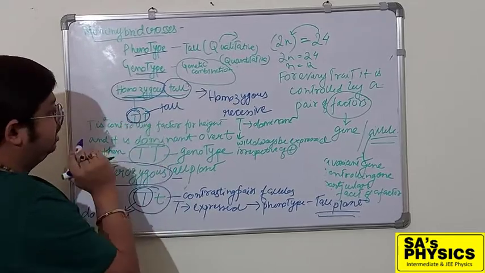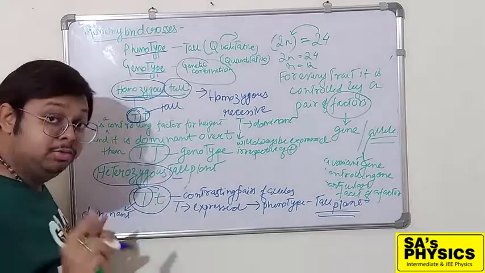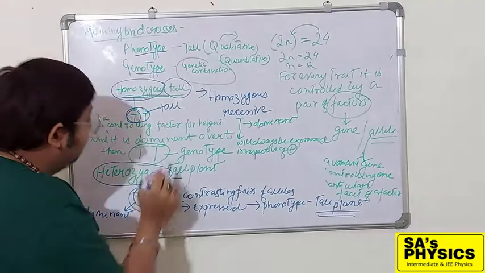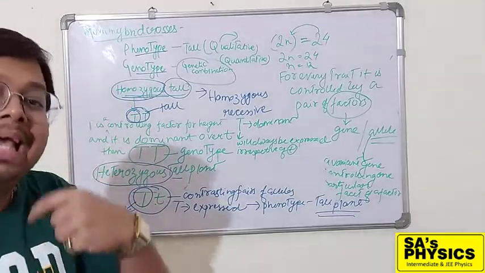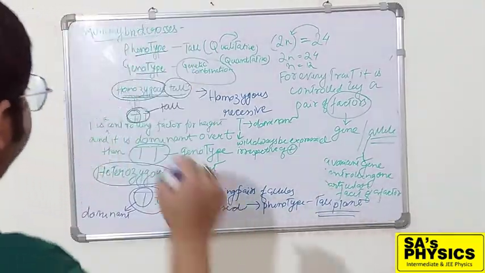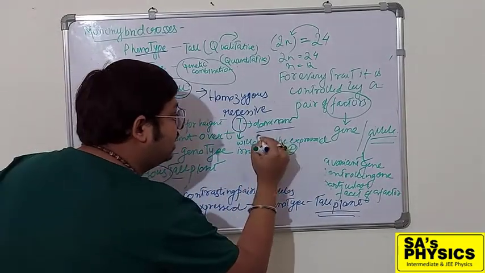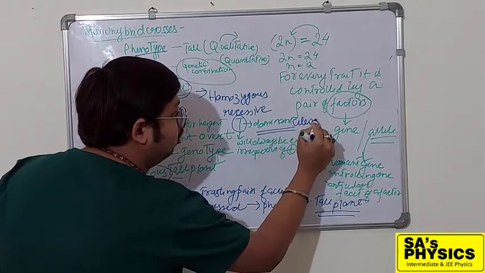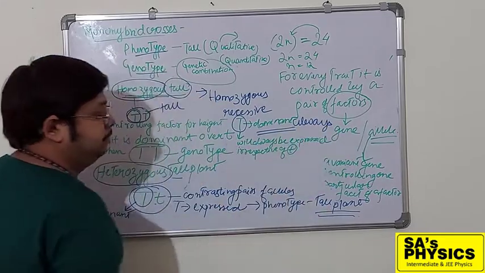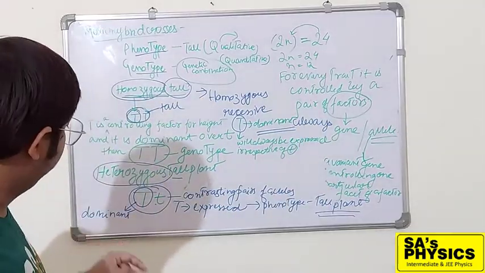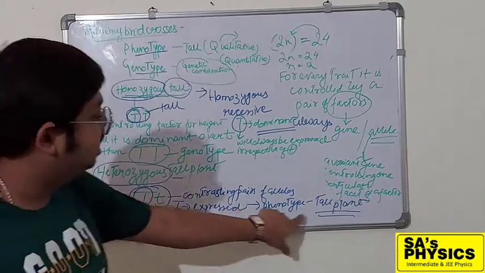Capital T, capital T is one genotype, capital T, small t is one genotype, but they are essentially expressing the same phenotype because capital T is always dominant. So, this will always be expressing a tall plant.